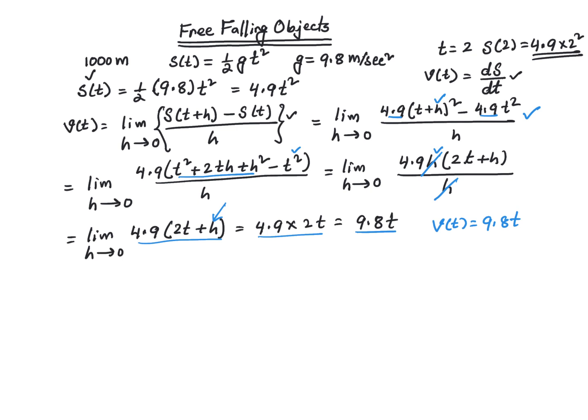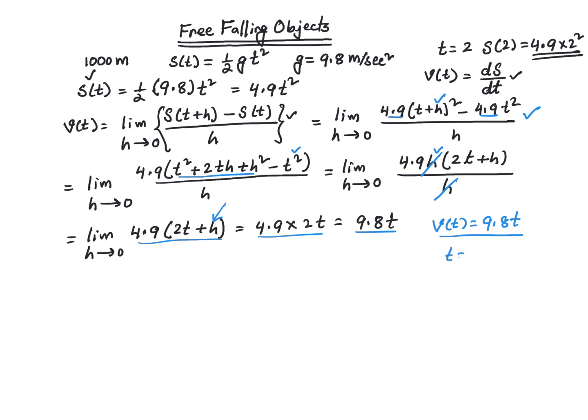Velocity without the direction is called speed, and sometimes we mix both of these terms informally. Now, this is the formula for velocity, so I can find the velocity at whatever time I want.